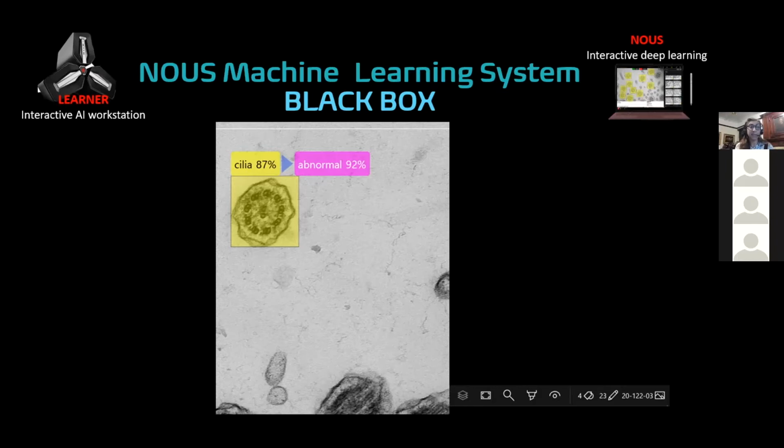But this is kind of what we see inside the black box, and sometimes it's a bit too late. We already invested so much time. So how can we know what's going on inside the black box? How can we know if what our machine is doing is what it's supposed to do? So we have something called the attention map, maybe also called the heat map, but we call it the attention map.